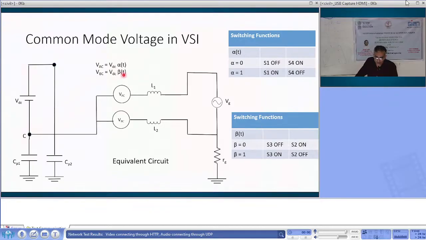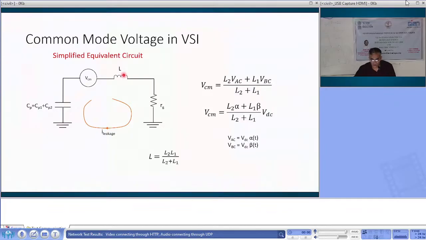There are three sources here: VDC, then VAC and VBC, and the grid. You can form the simple equivalent circuit by applying each source one at a time and adding the equivalent sources. What you will get is VCM, and L is your equivalent impedance, whose value is L1 L2 divided by L1 plus L2.